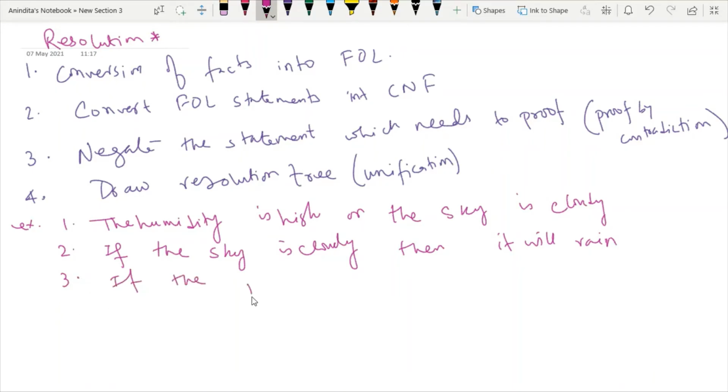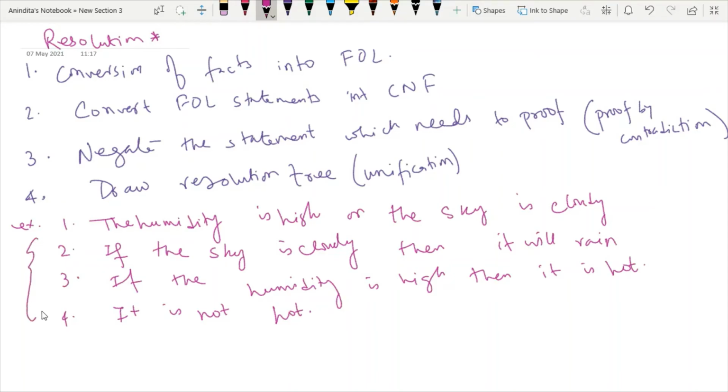If the humidity is high, then it is hot. And the fourth fact is given as it is not hot. Now, these will be your given facts.